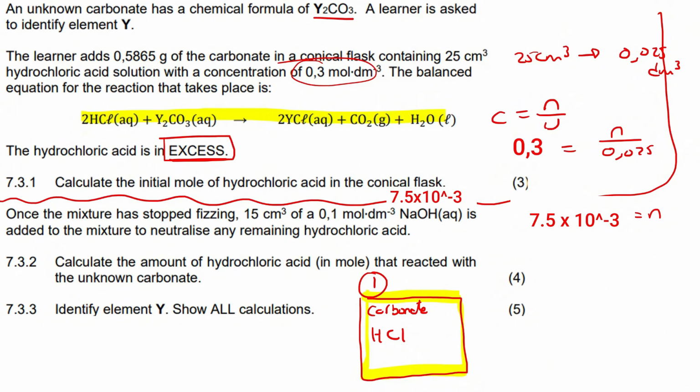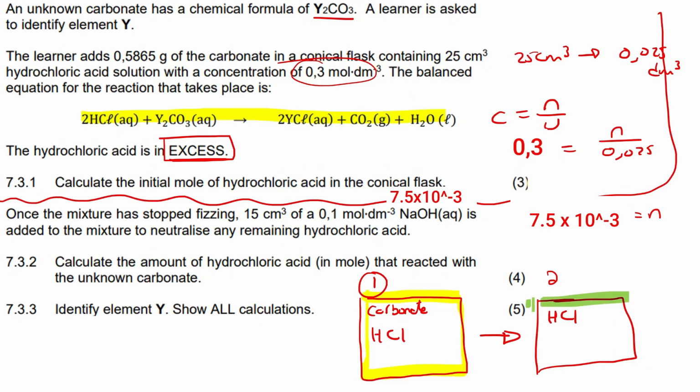Okay, so now they realize that after this reaction has finished, one of these is no longer going to be in the container. Let's check your understanding. After this reaction has finished, which one is not going to be there anymore? Well, there will no longer be any carbonate because that is the limiting reagent, and there will still be a little bit of HCl left over. So going into the second part of the question now, there is still some HCl.